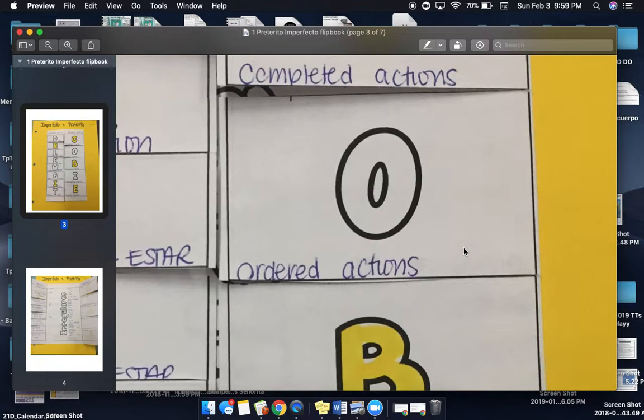Second, we got dressed to go outside. Later, we played in the snow. After lunch, we watched movies, and then at night we ordered pizzas. So there is an order to your day of all those activities that you did that were completed. Okay, so that's your ordered actions.